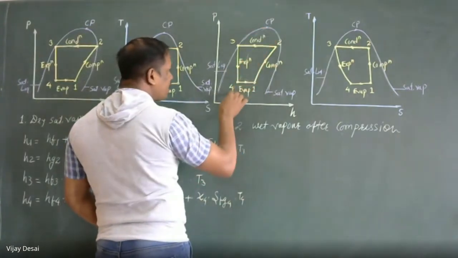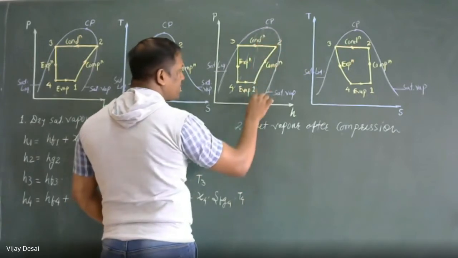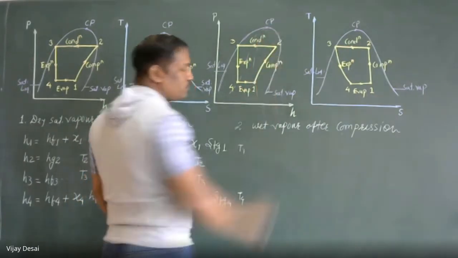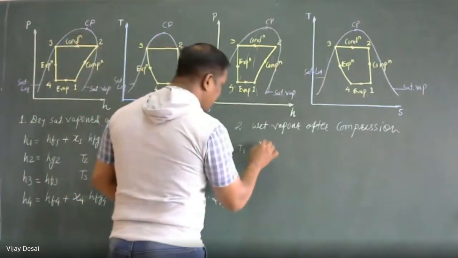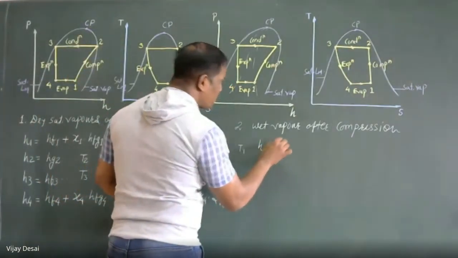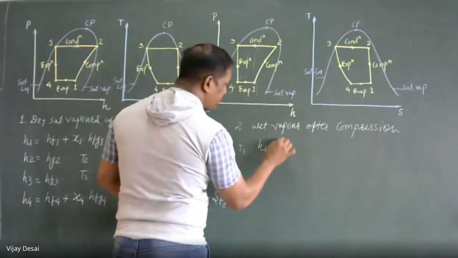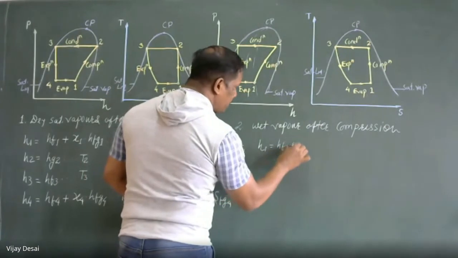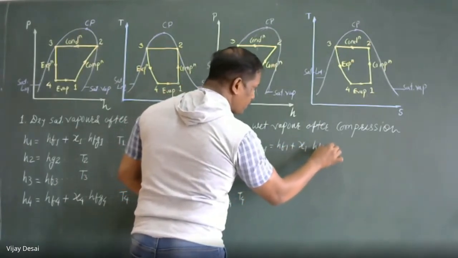Point 1 has dryness fraction x1, point 2 has x2, and point 4 has x4, so the dryness fractions are different. If I am calculating h1, it will be wet vapor, so h1 will be hf1 plus x1 into hfg1.